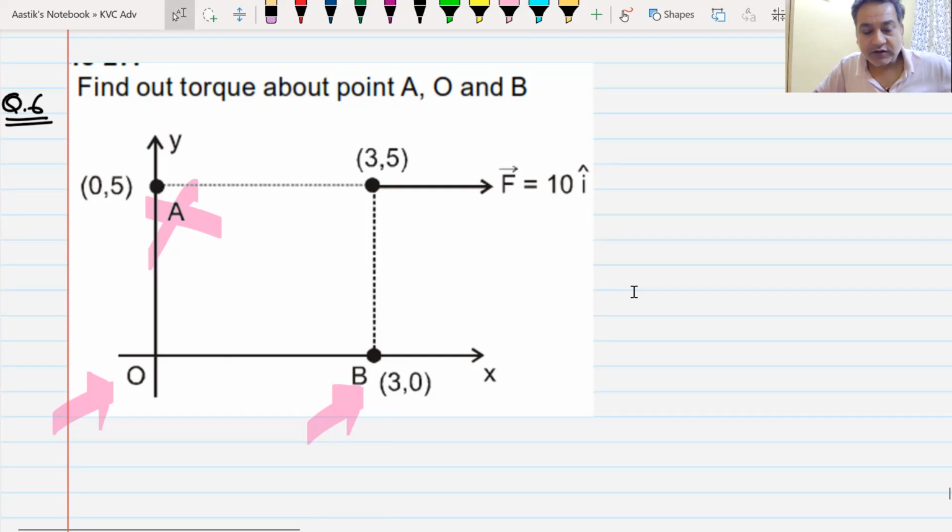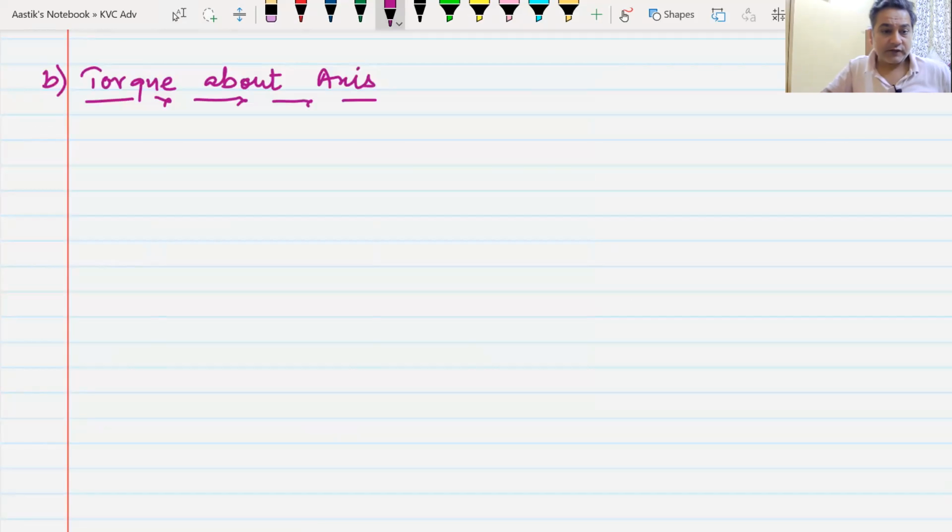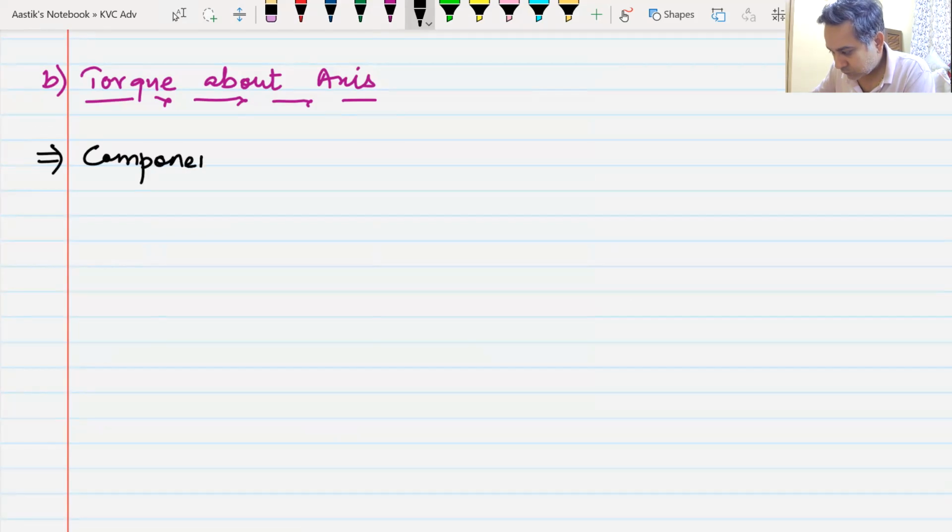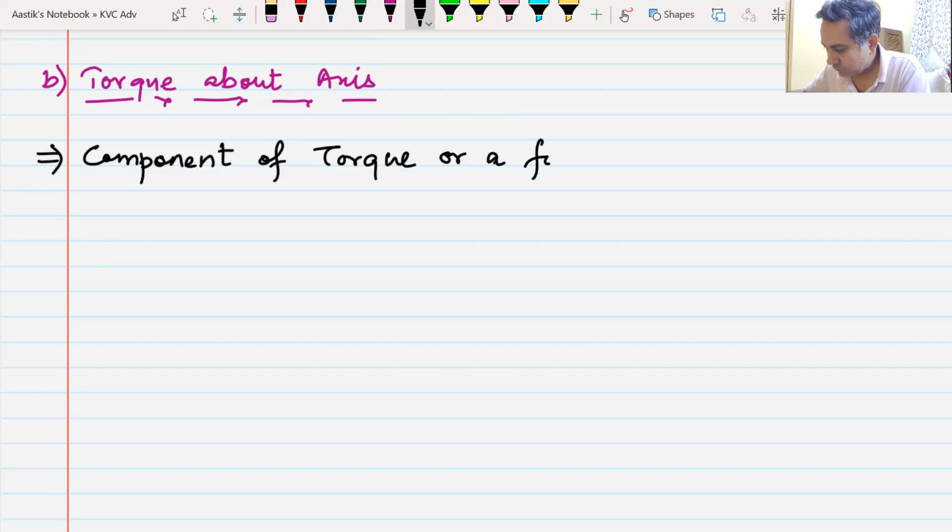Now, what do you mean by torque of a force about an axis? It means it is the component of torque of a force lying along the axis.